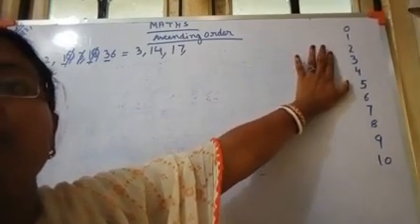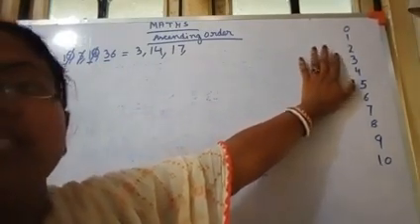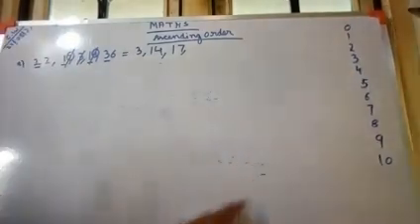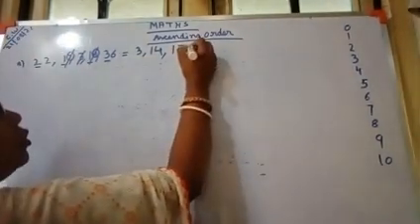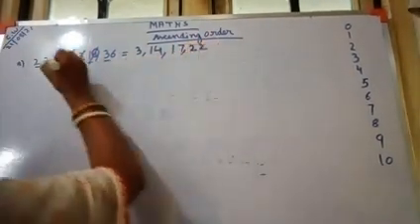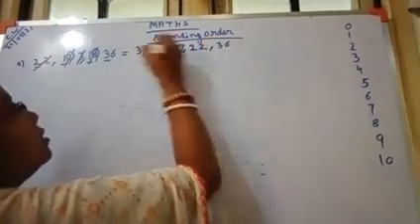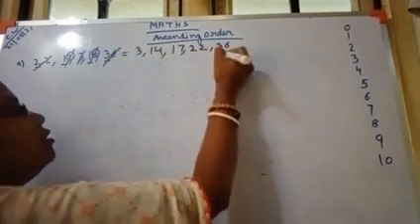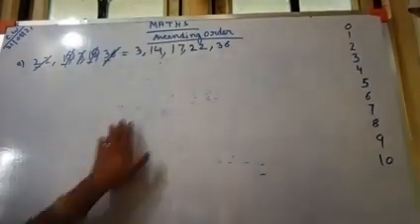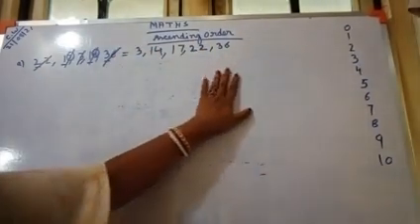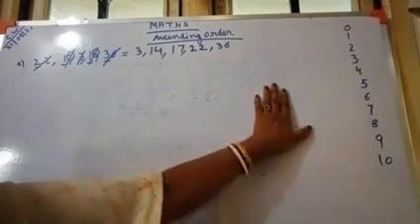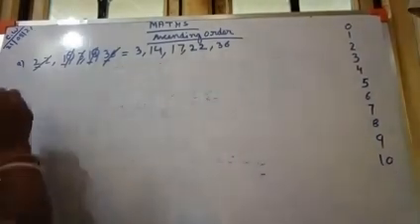So 2 is the smaller one and 3 is bigger than 2. So we will write here 22, then 36. So I have arranged this according to the ascending order. Ascending order means smaller number to bigger number.